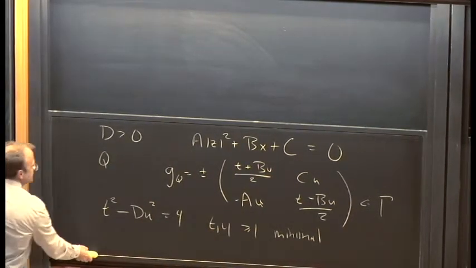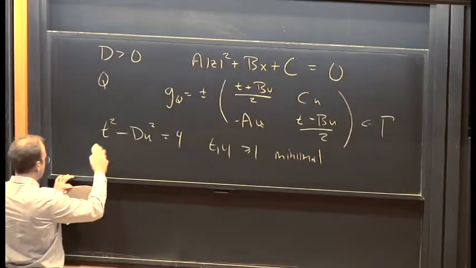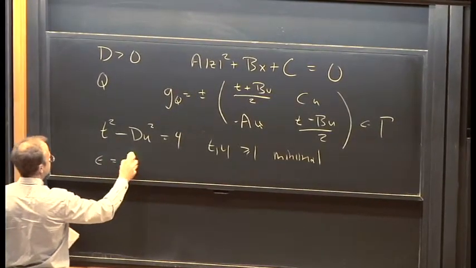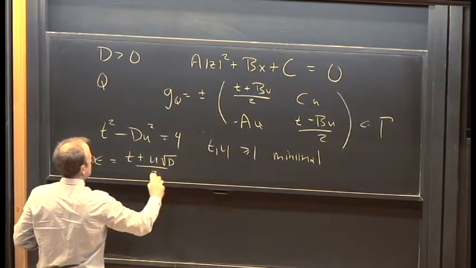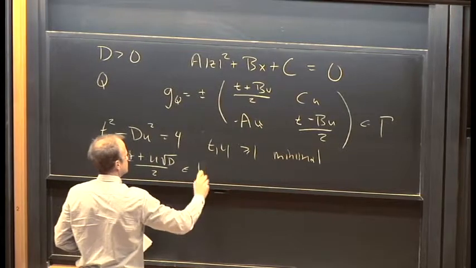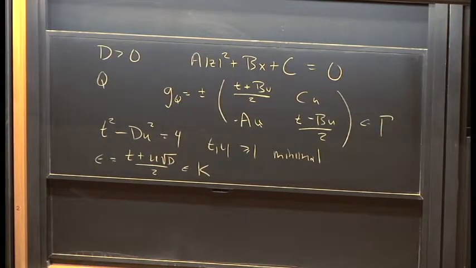So of course, you can write down the fundamental unit in terms of t and u in the field. So this is the smallest unit bigger than 1 of norm 1.